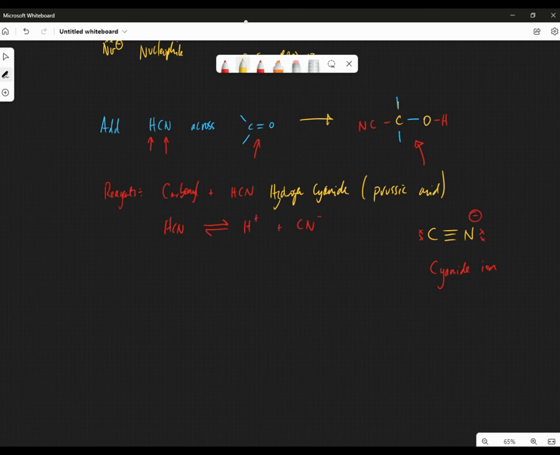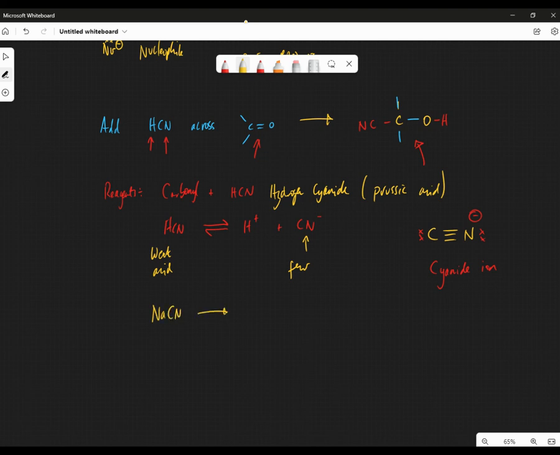But unfortunately, because HCN is a weak acid, we don't get many of these, because it's weak. So we get few cyanide ions. So we have to do a little trick. What we do is we use sodium cyanide.